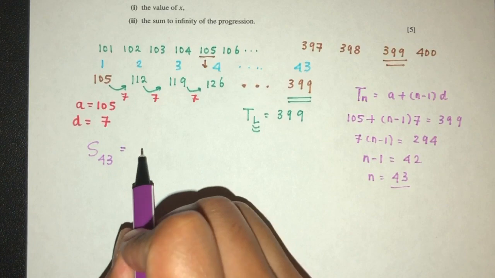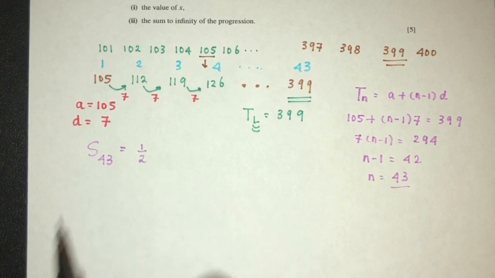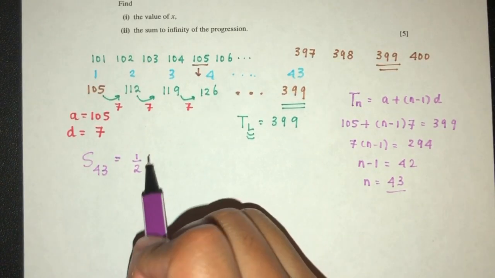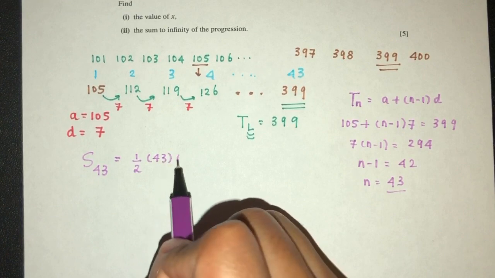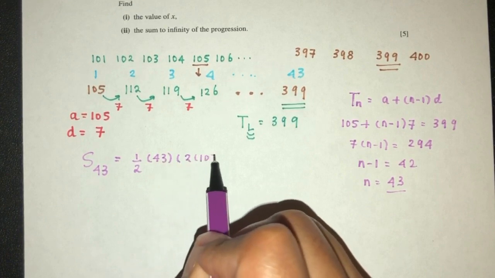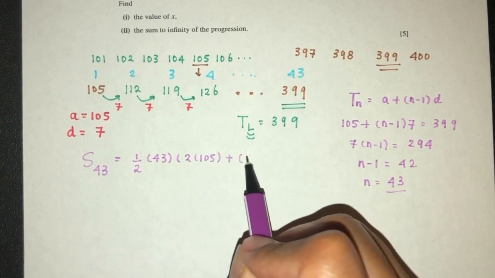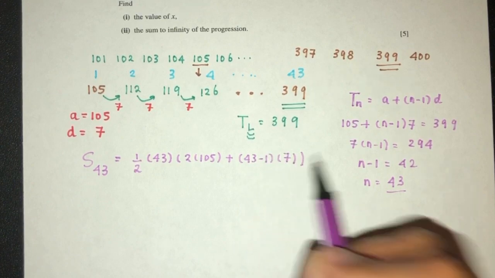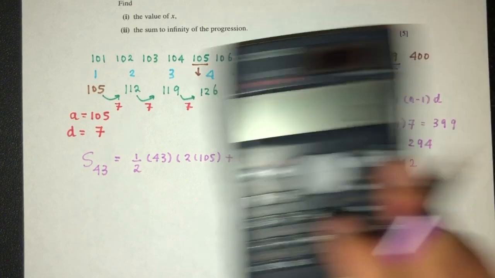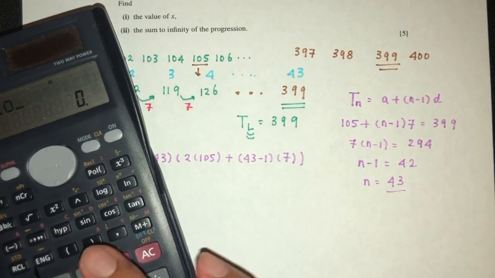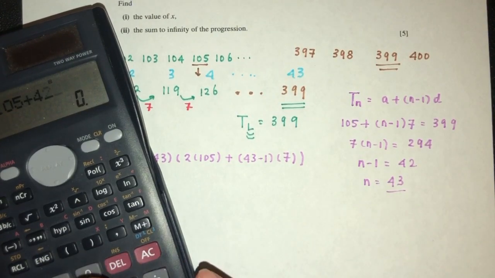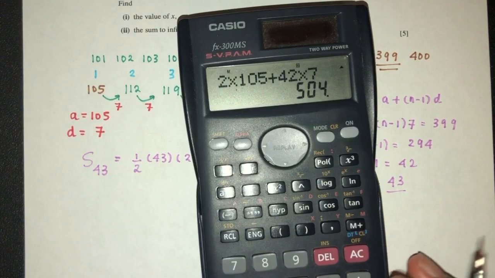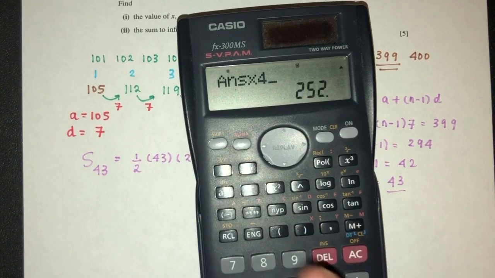That will be half times 43, 2a, 2 times 105, plus n is 43 minus 1 times d. Again, this is a formula given to you for the sum of the first n terms. 2 times 105 plus 42 times 7 divided by 2 times 43.